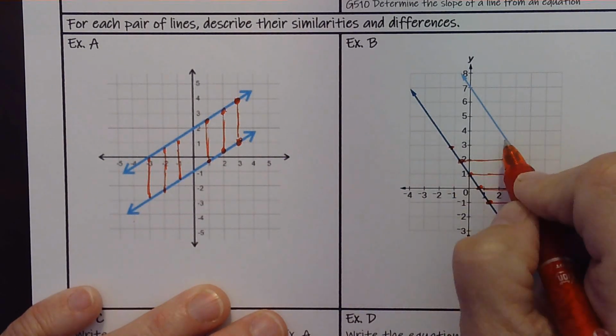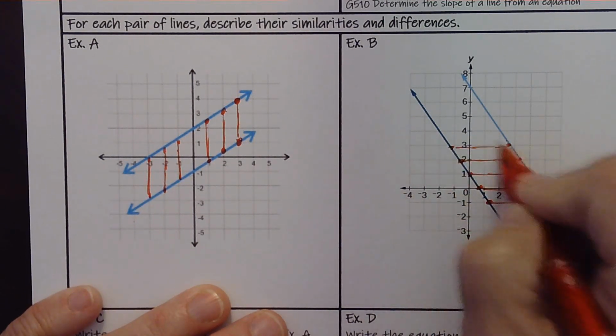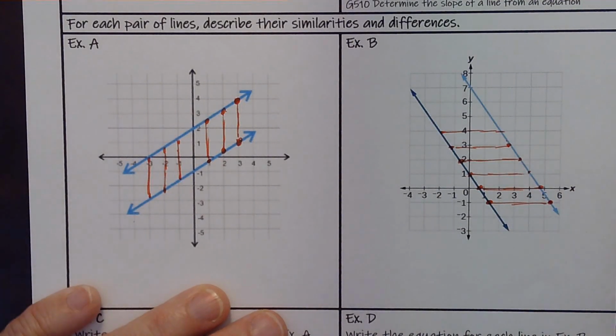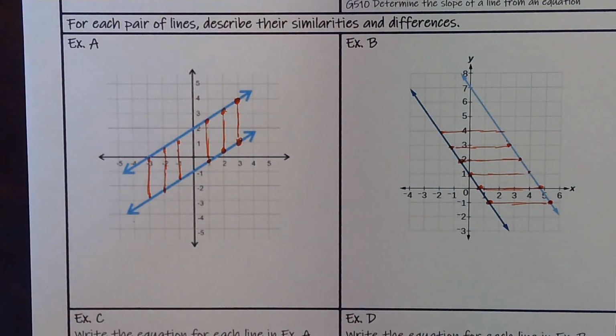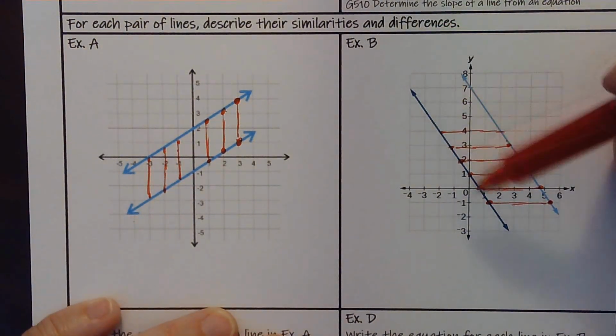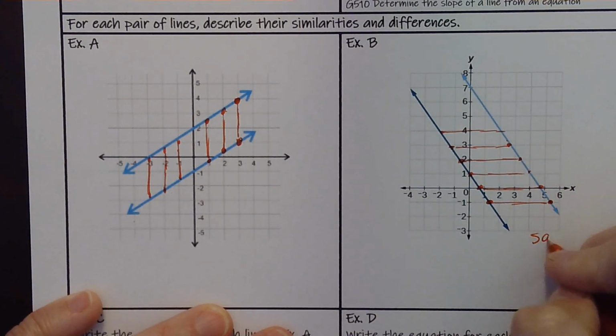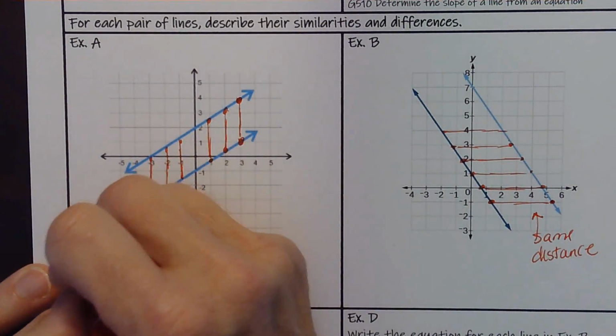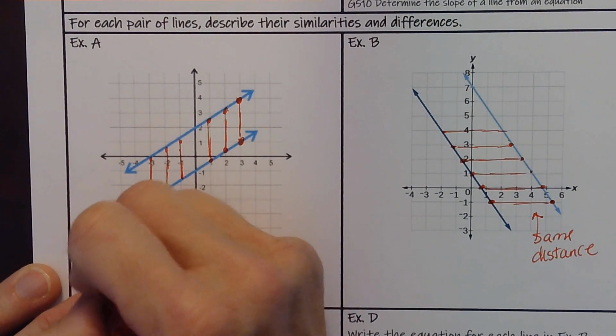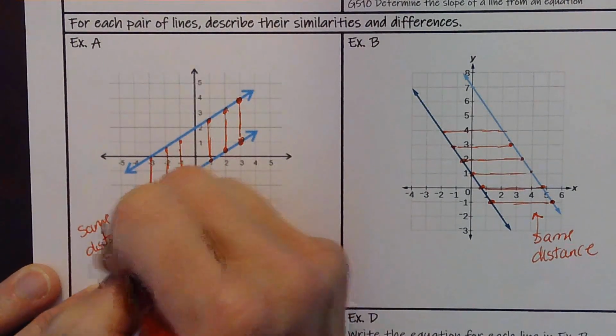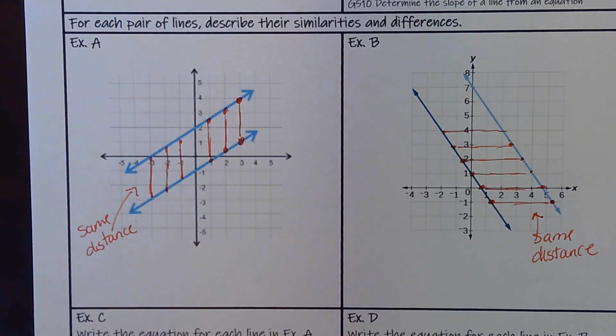The distance between points from one graph to another is the same. And that will be true for all pairs of parallel lines. So same distance here and same distance here. Okay, so that's definitely some characteristics.